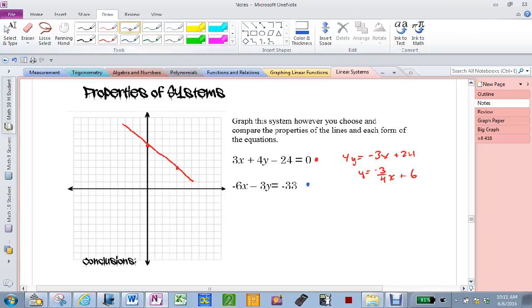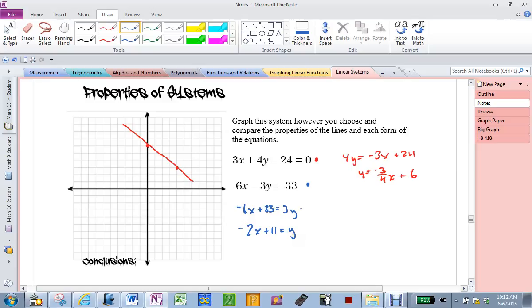And of course the blue one. 3y equals negative 6x plus 33. Did I do that right? Wait a sec. The y moves. 3y equals negative 6x plus 33. There we go. Negative 2x plus 11 equals y. Why can I not put that on my graph?